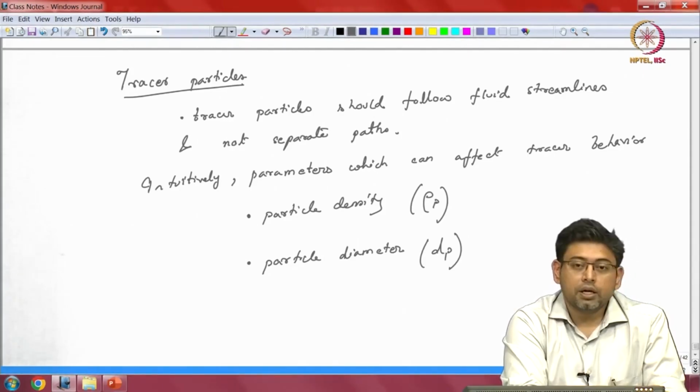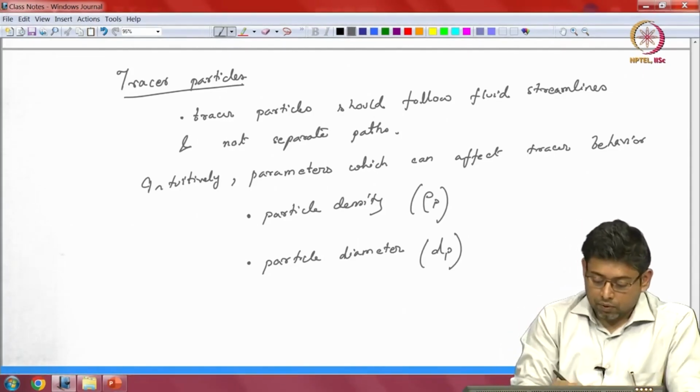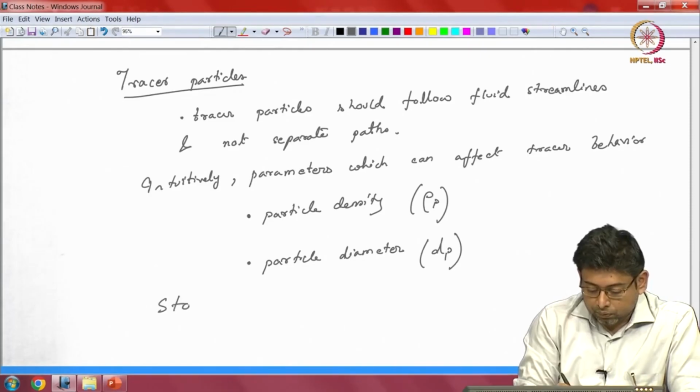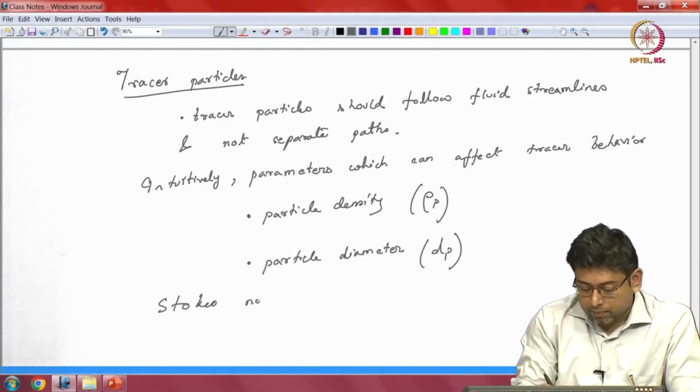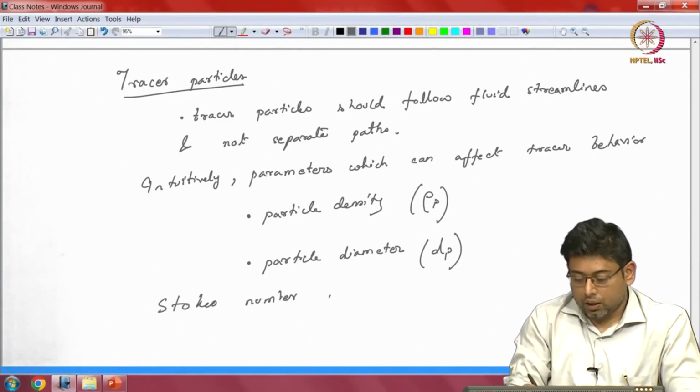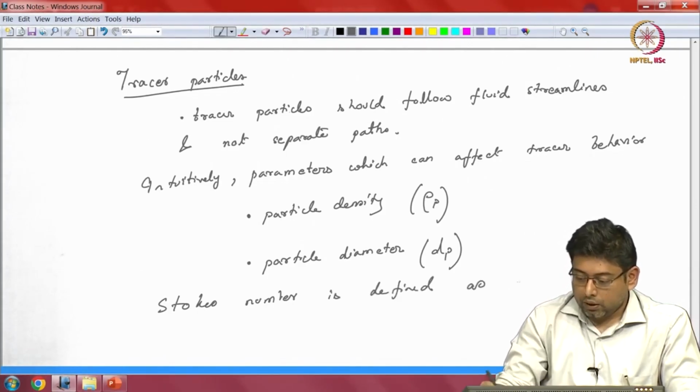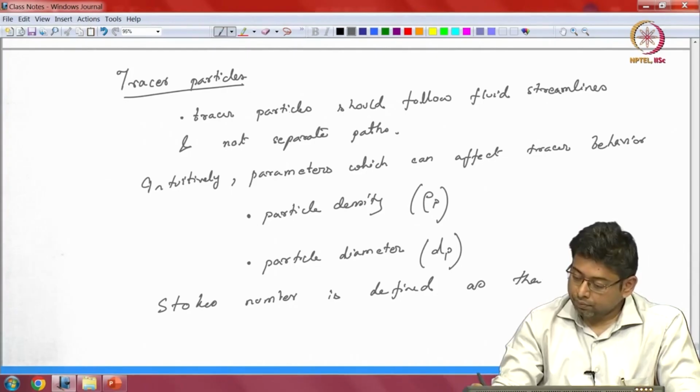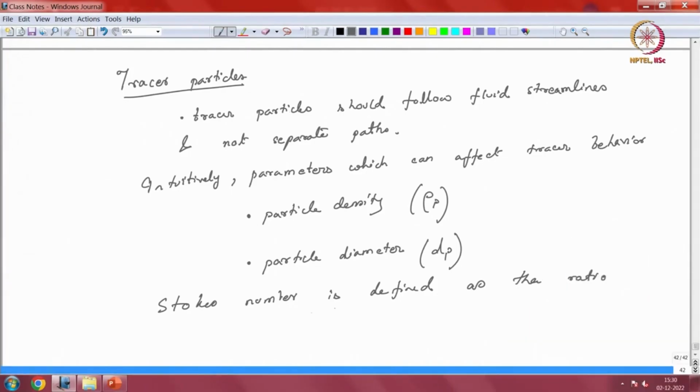Now the Stokes number is defined as the ratio of particle response time to the fluid response time.